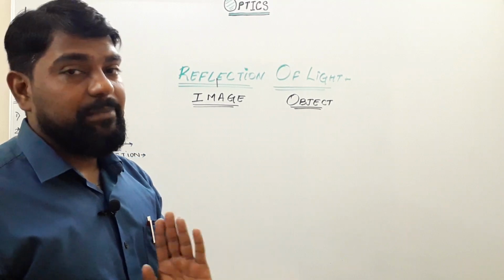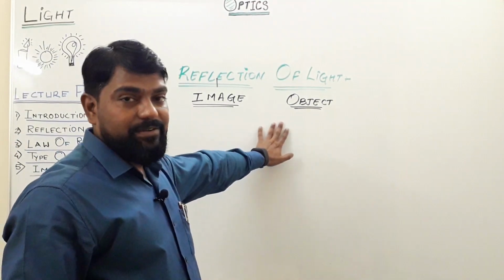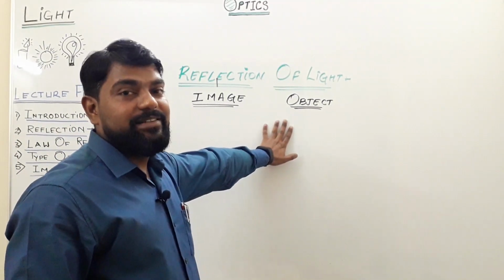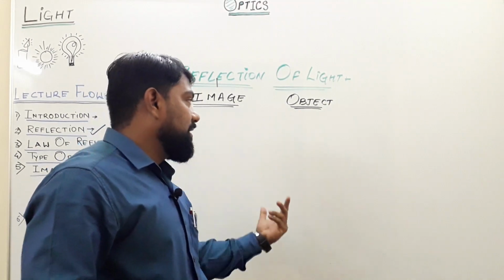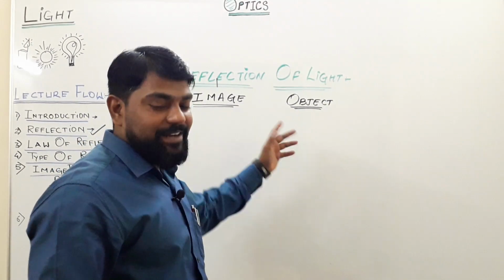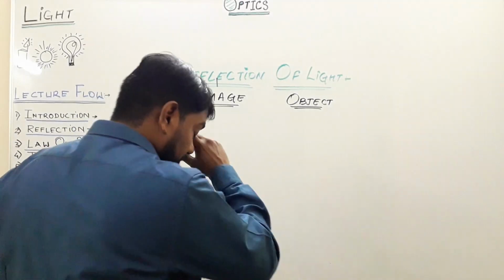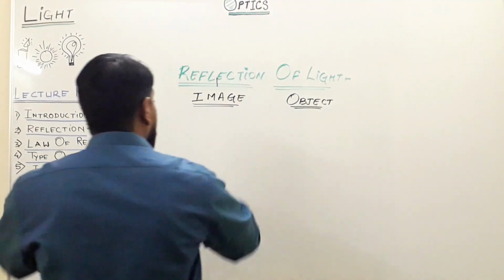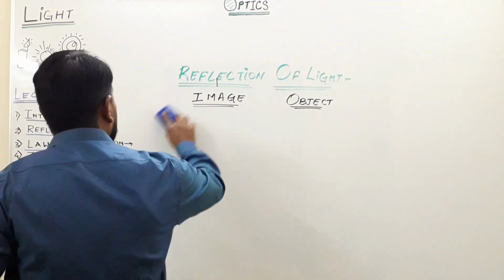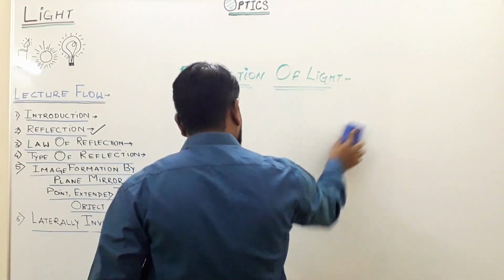Object we know very well: anything whose image we are going to obtain is the object. We have different types of image also, which we will discuss in the next topic.